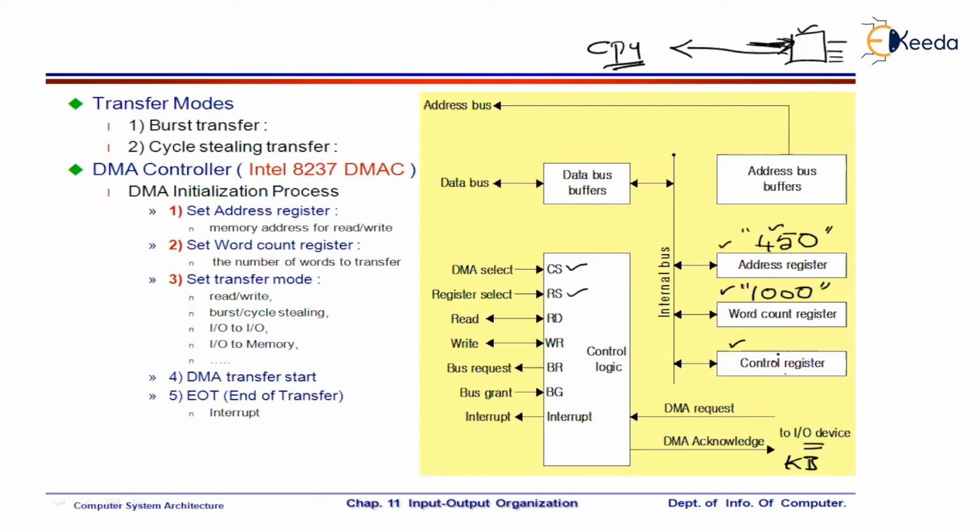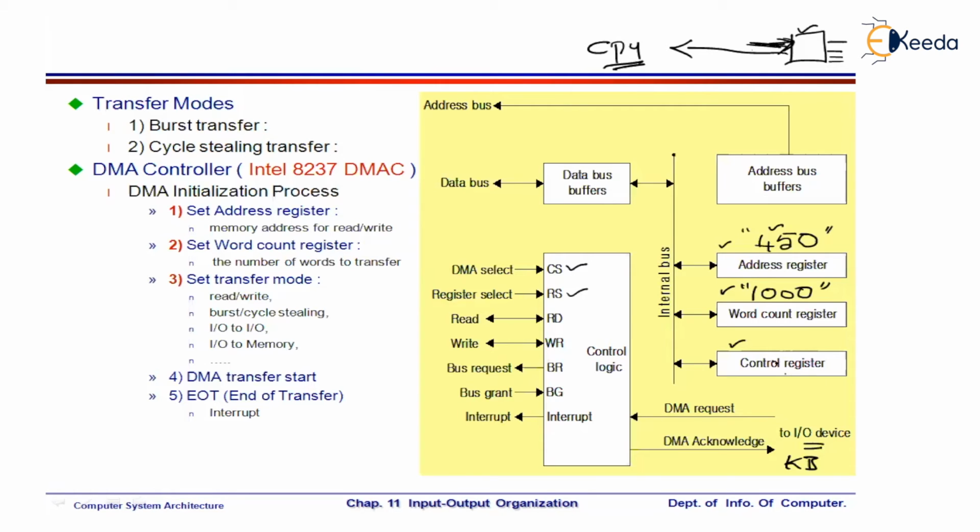So appropriate control byte will be loaded here. For an example, printer has to be controlled. When a transfer is made to the printer, paper should be moved horizontally and vertically. Such details will be filled in the control register.